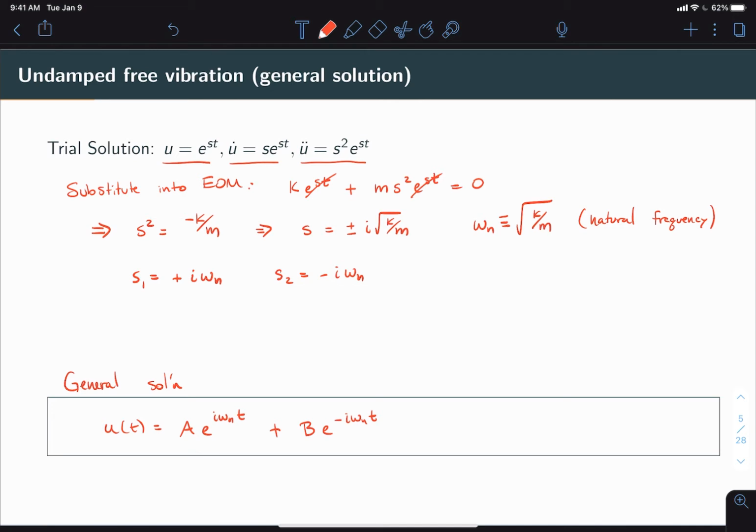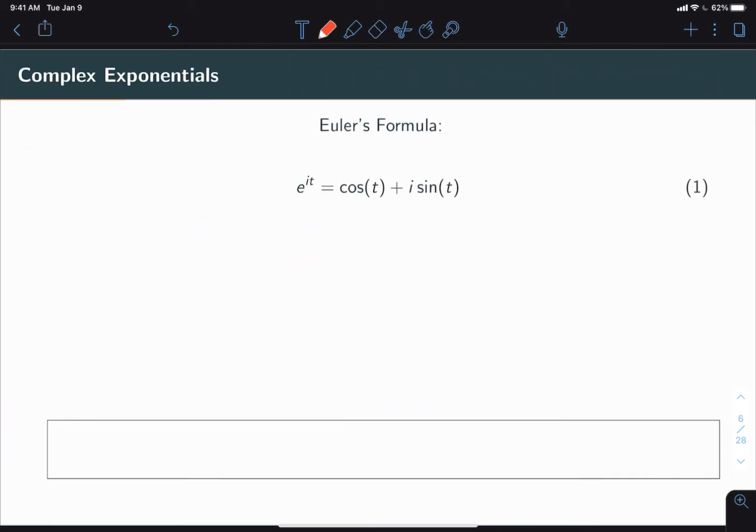Since this solution is actually pretty hard to visualize, given that it has an imaginary component to it, we can express it in a more intuitive way by taking advantage of Euler's formula. This formula provides a connection between complex exponentials and sinusoidal functions, as you see here.